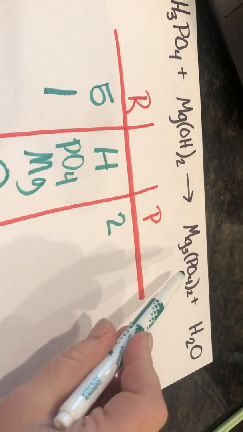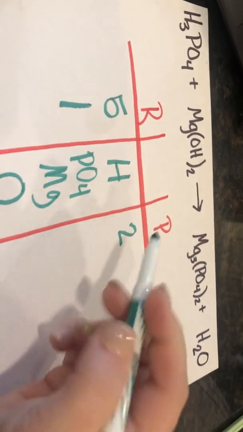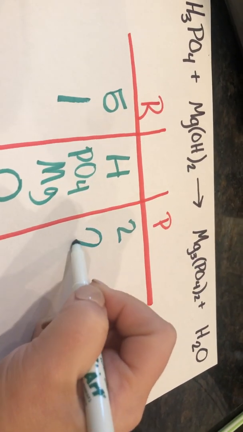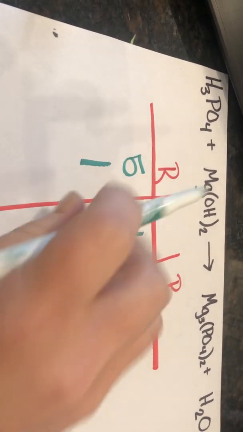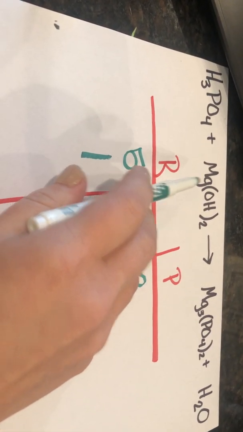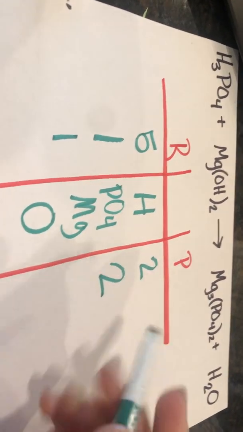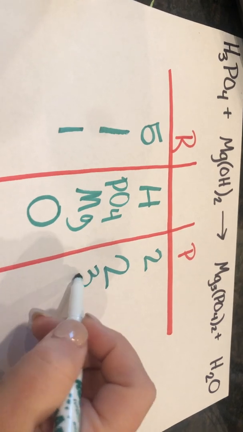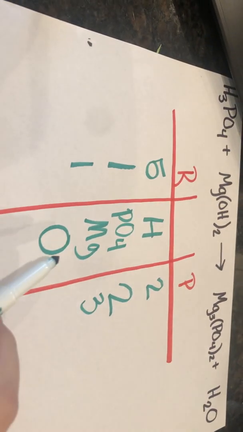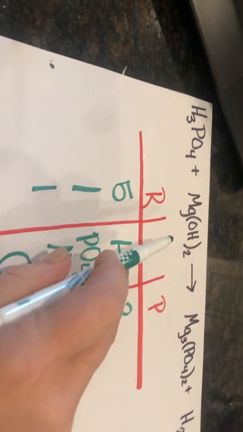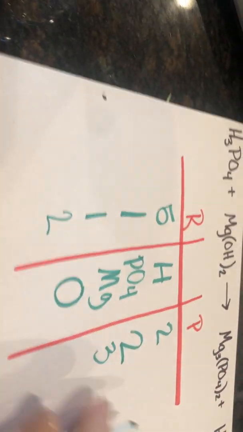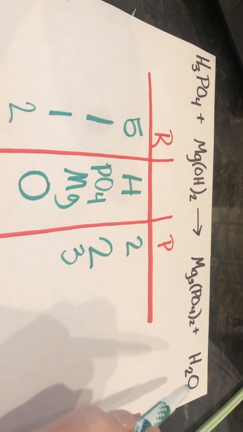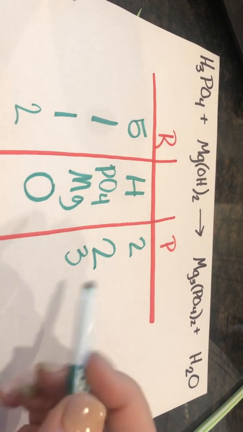Over here, 2. Now let's look at magnesium. How many over here? 1. Over here? 3. And oxygen? Over here, 2. And over here, 1.